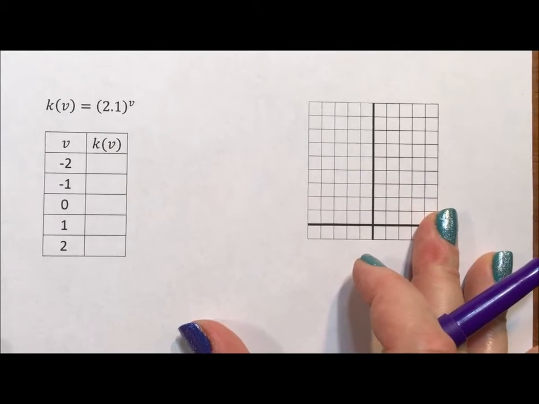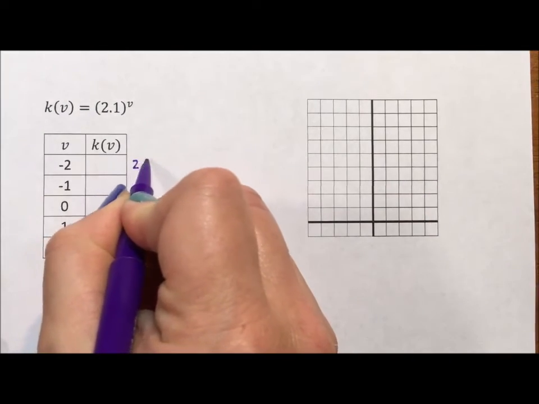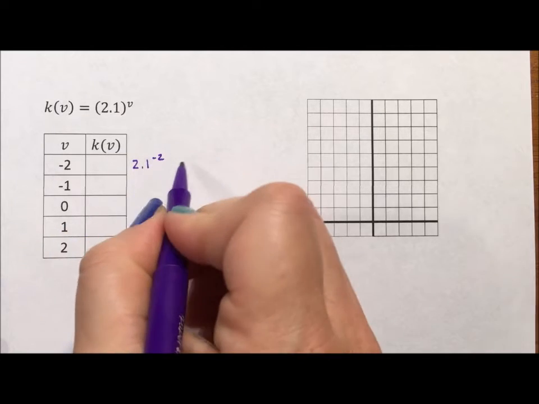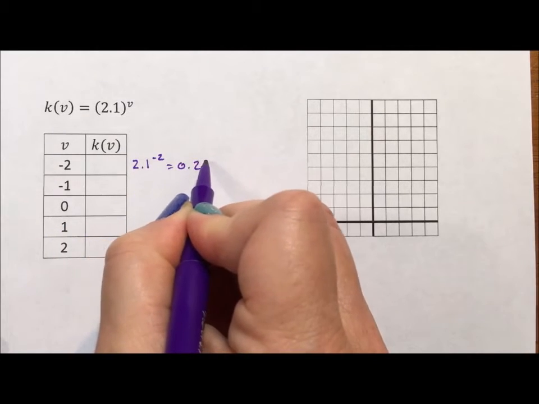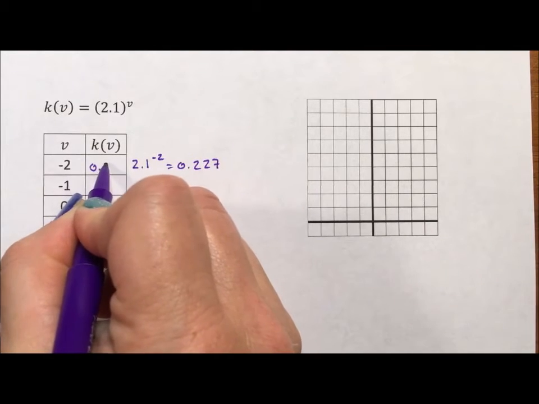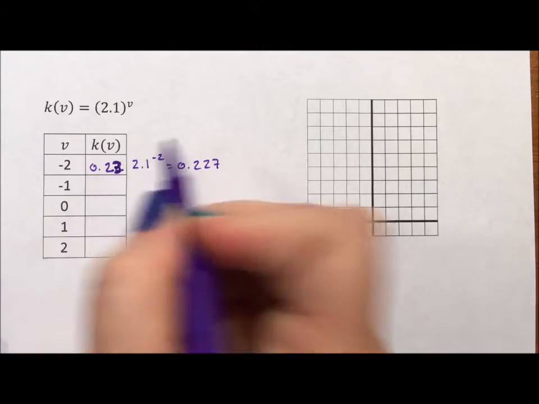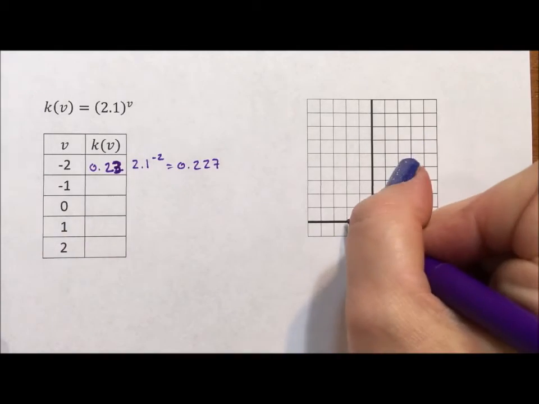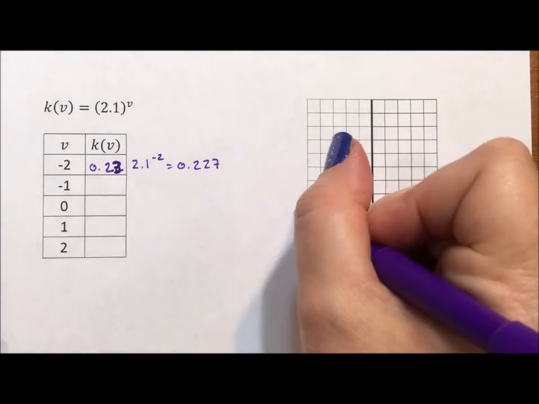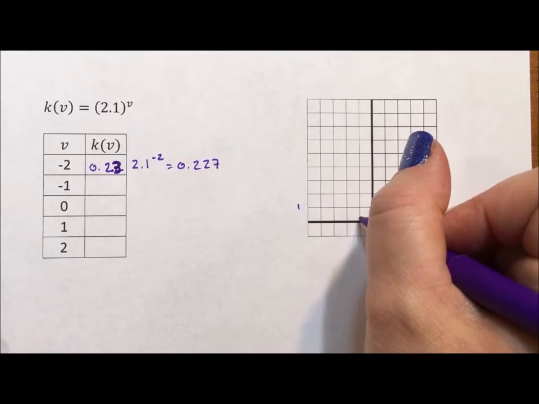Okay, next graph. This one, we have to pull out the calculator for. That's okay. We have 2.1 to the -2, which in my calculator is 0.227, which I'm just going to say is 0.22 or 0.23. When graphing this, it's just going to be under 0.25.